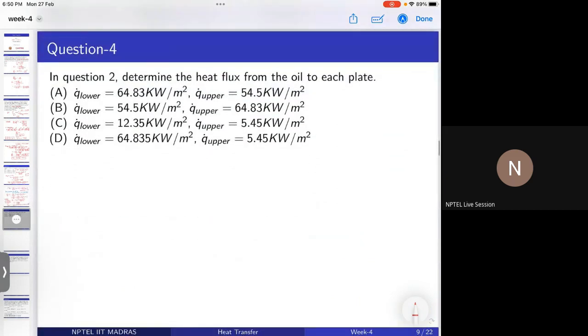Next question is also a continuation. So you have to determine the heat flux at each plate. How to find out the heat flux?